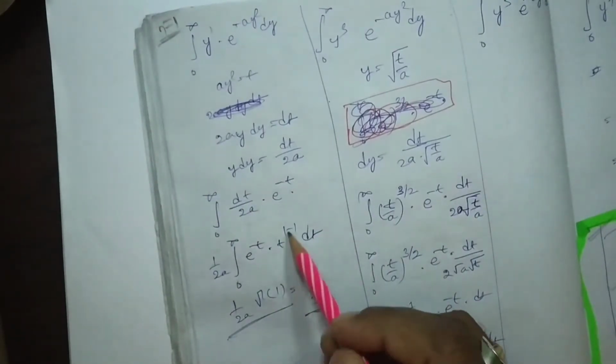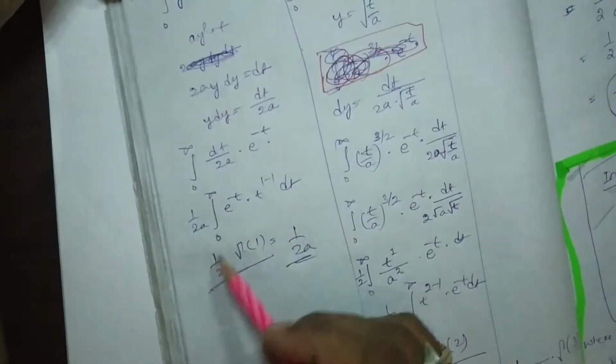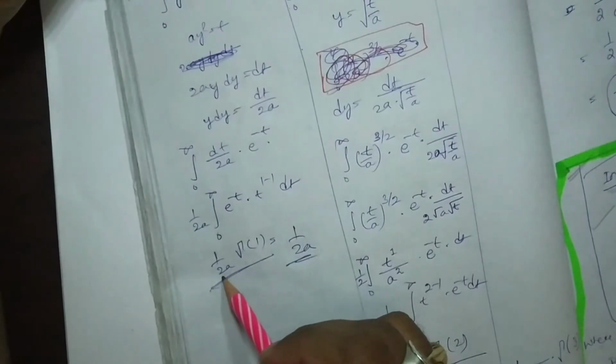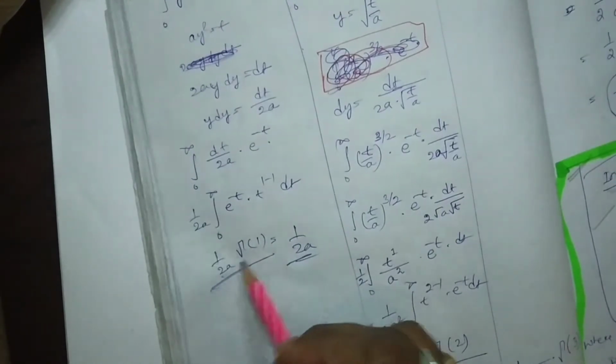Okay, t to the power 1 minus 1 means t to the power 0 equal to 1, into dt. So here it will be 1 by 2a into gamma 1.